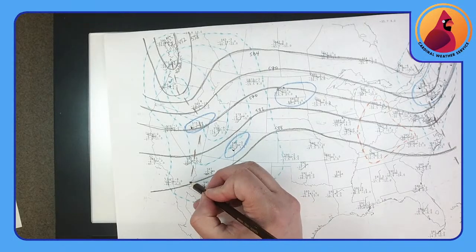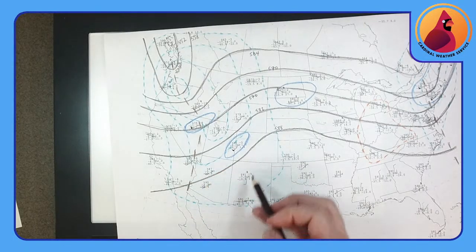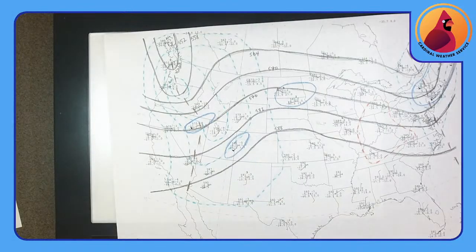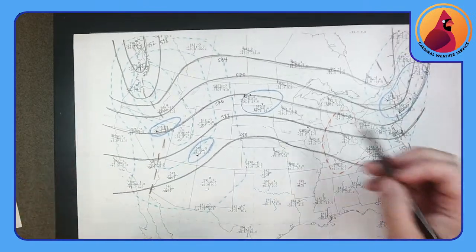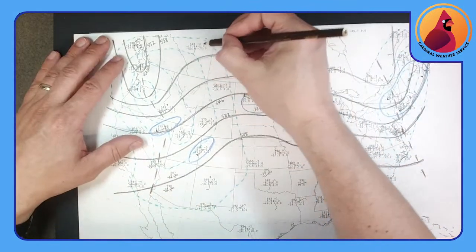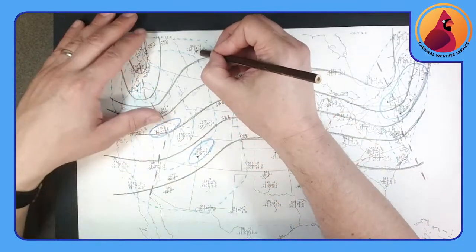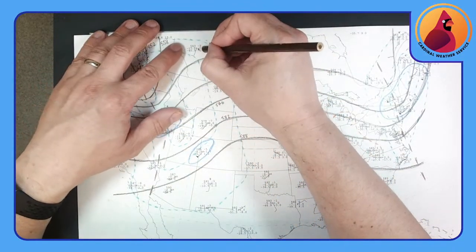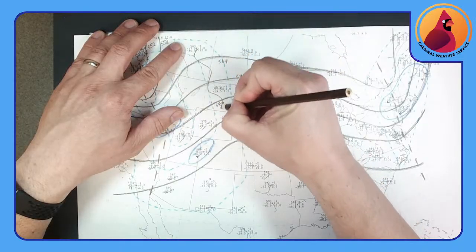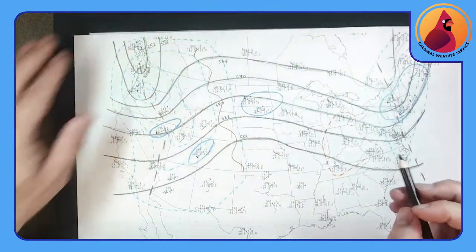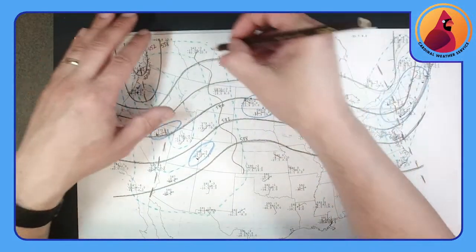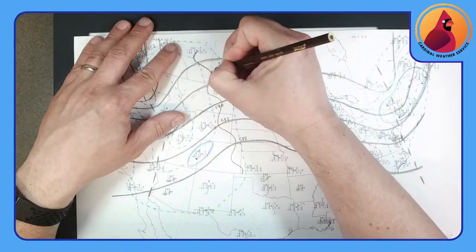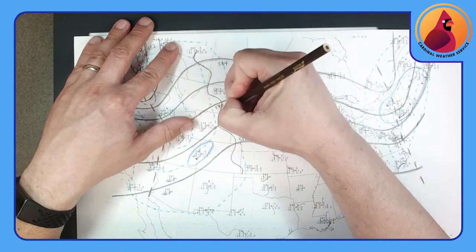Well, we'll do that since we have this broad area of height falls, and we have this ridge, so we're gonna note this ridge axis. That's pretty good, maybe a hair over this way, but I think this gets the point across.